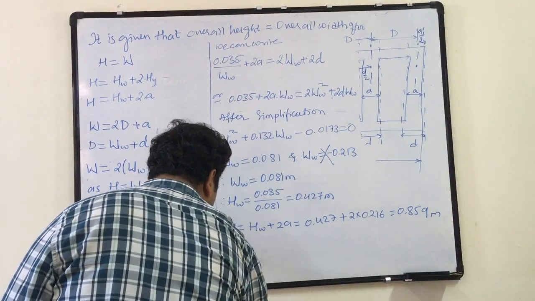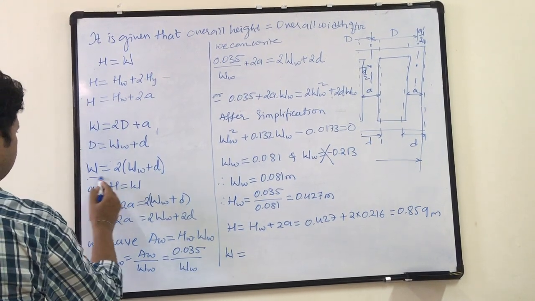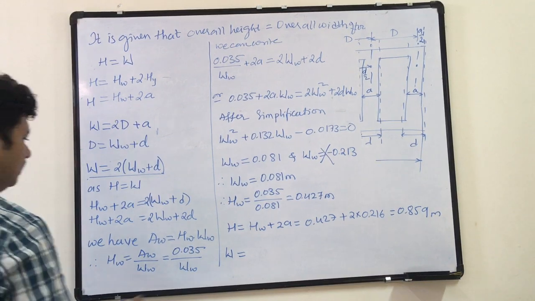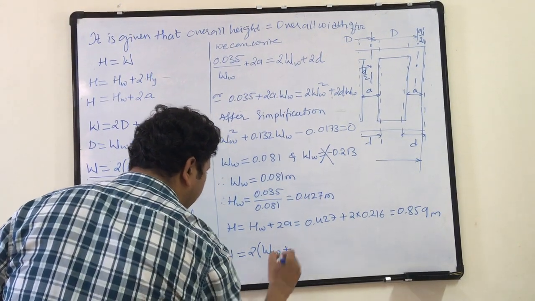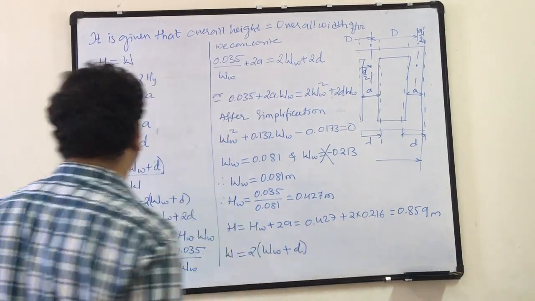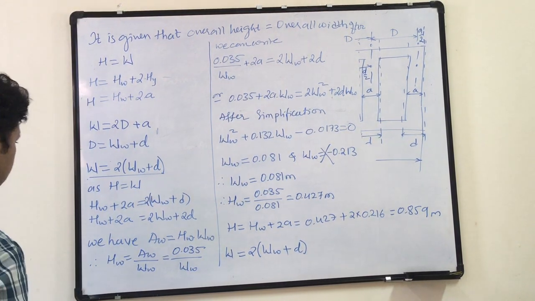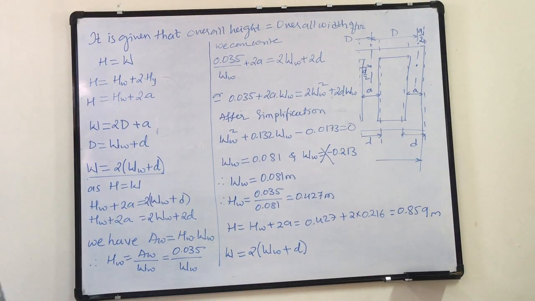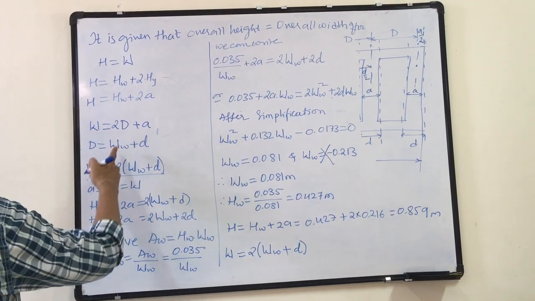Then overall width. Overall width is given by this. Okay. So 2 into width of window plus, oh, sorry, one term is missed, 2D. Okay.